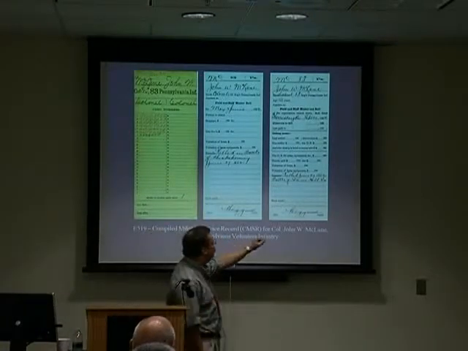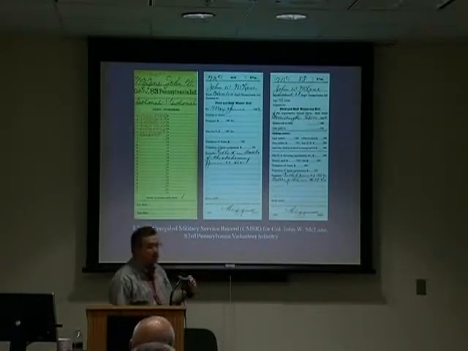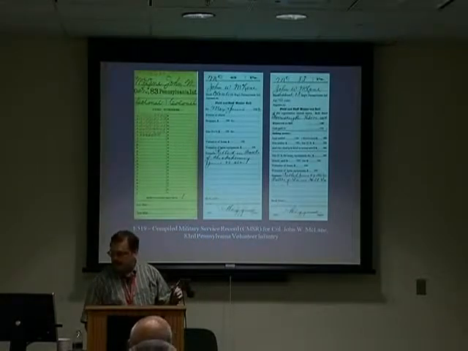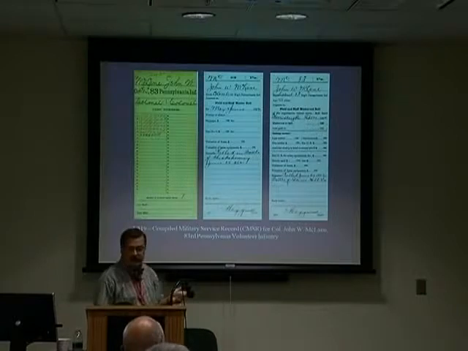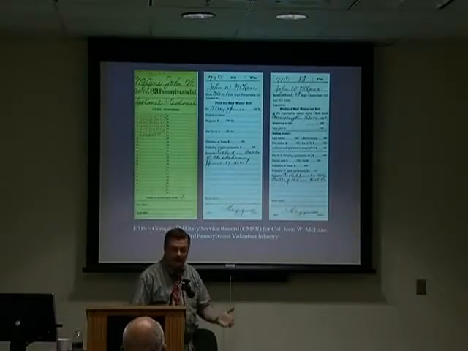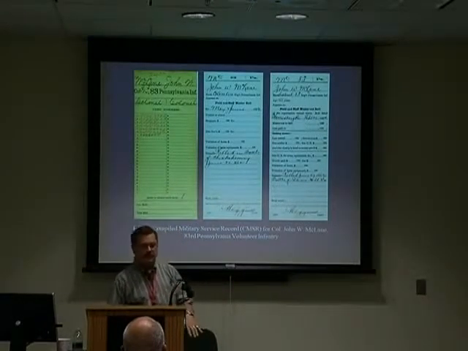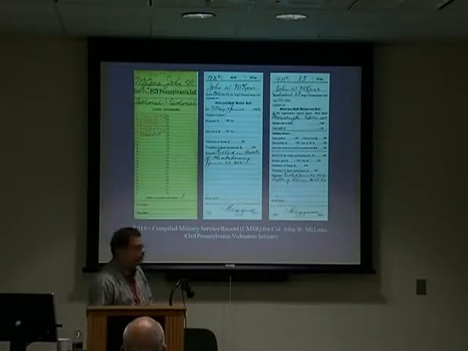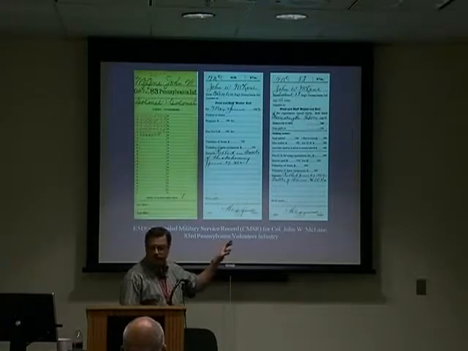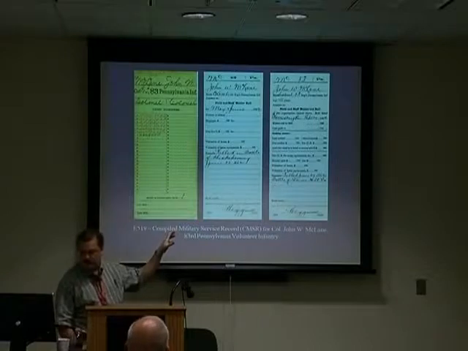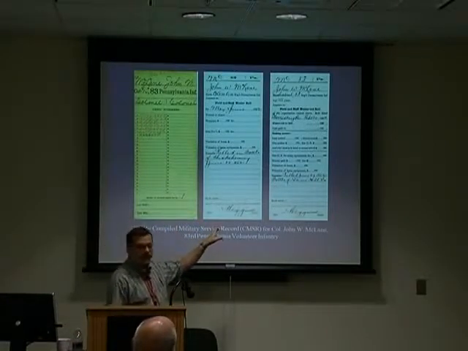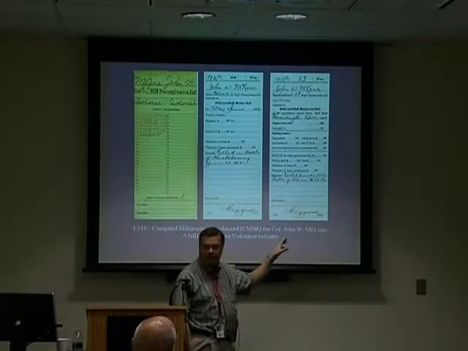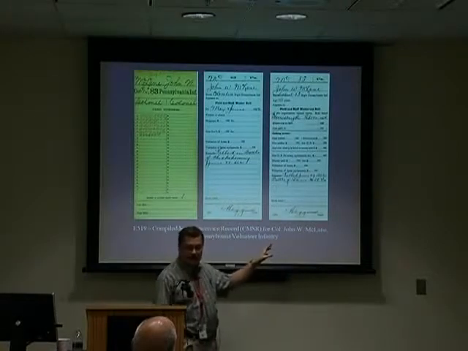And the third card over here shows the muster out roll for the regiment that was taken on September 20th, 1864, when the regiment was mustered out of service just before it was re-enlisted as a veteran volunteer regiment. Both of those muster rolls show that John W. McLean was actually killed at the Battle of Gaines' Mill during the Peninsula Campaign in 1862.